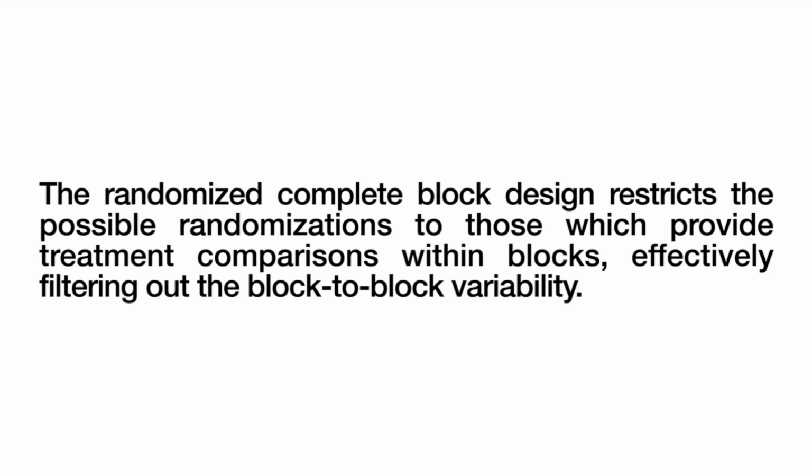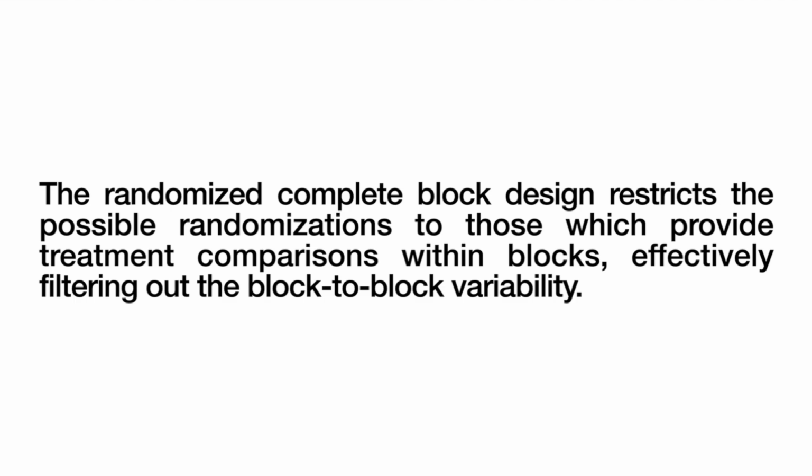With that in mind, we see that the randomized complete block design restricts the possible randomizations to those which provide treatment comparisons within blocks, effectively filtering out the block-to-block variability. That's why the randomized block design is effective at dealing with an extraneous source of variability.